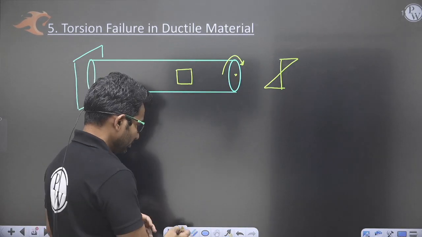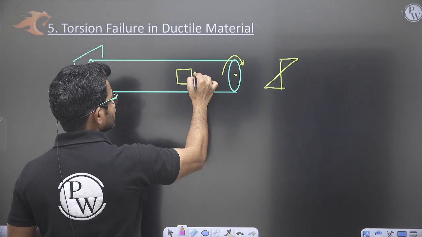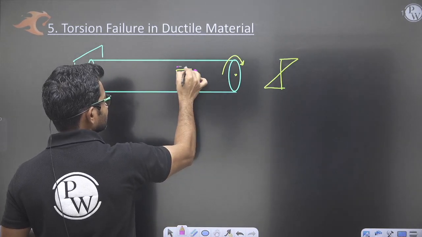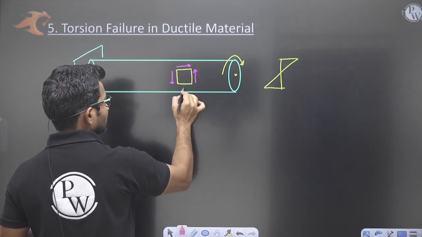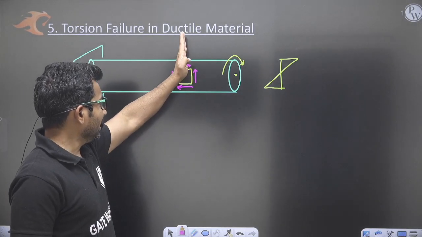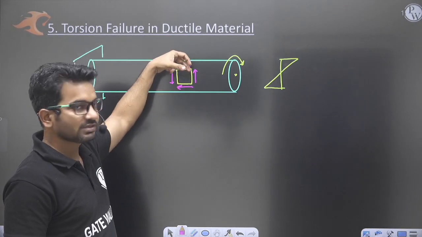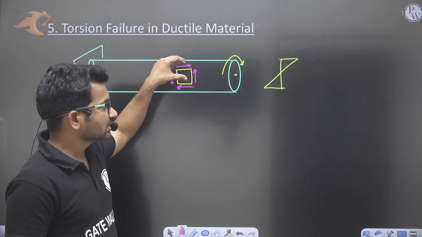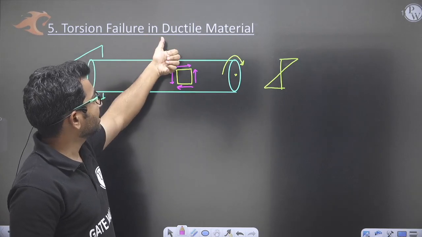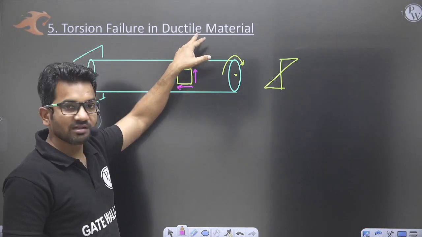Now because of this the element will be experiencing shear stresses something like this. So at this 90-degree plane, we will have maximum shear. Because of this maximum shear, this ductile material will fail in shear itself.